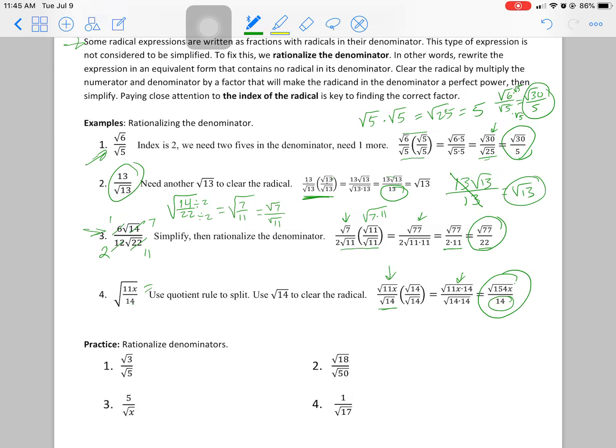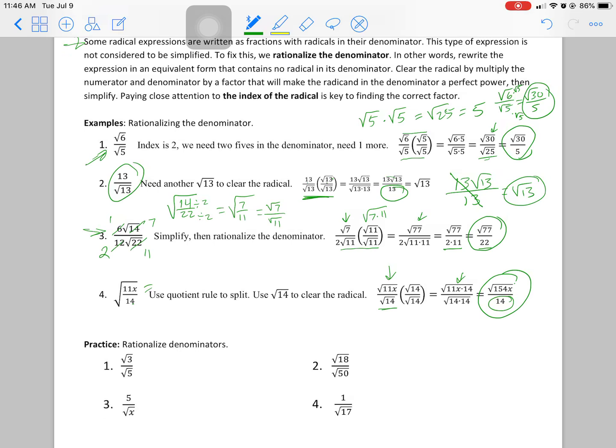Wait a minute, sorry, I was looking at 54. Okay, see, we have to do this too, because we have to be right. So, give me a second. Any perfect squares in 154?